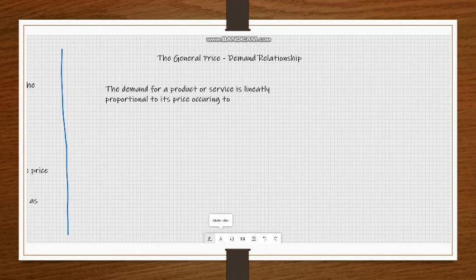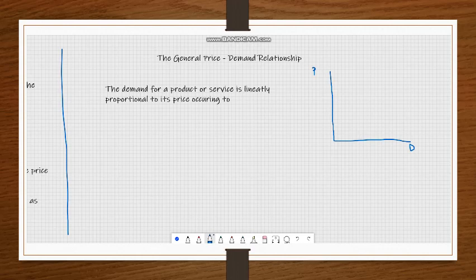Let me draw a graph so I can express it better. Let's say we have demand and we have price here. If price and demand are linearly related, then if the demand is high, the price is lowering normally, because the total cost or the labor is going to decrease.